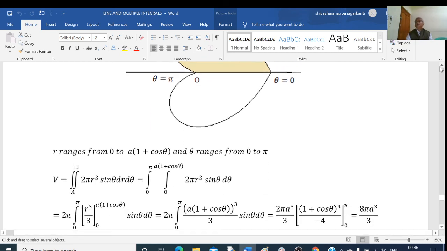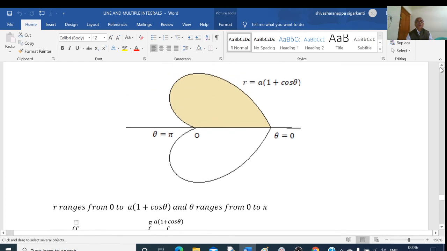Here what happens is r ranges from this point, the pole, to some point anywhere here. At this point r equal to a into 1 plus cos theta. And theta ranges from, so here I am rotating this curve around the initial line.